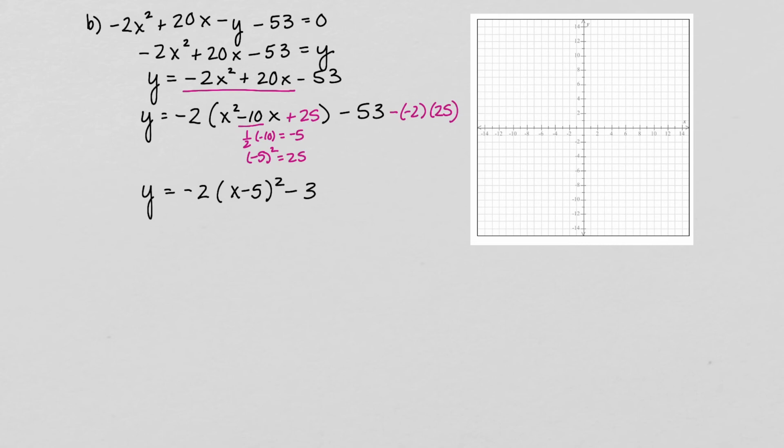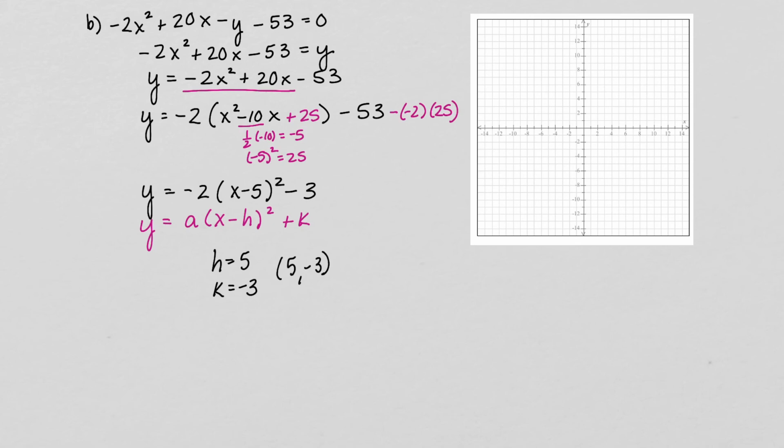And again, we're going to compare to the formula y equals a(x minus h) squared plus k. So in this case, h is going to be equal to 5 and k is equal to negative 3. So my vertex is going to be at (5, -3).